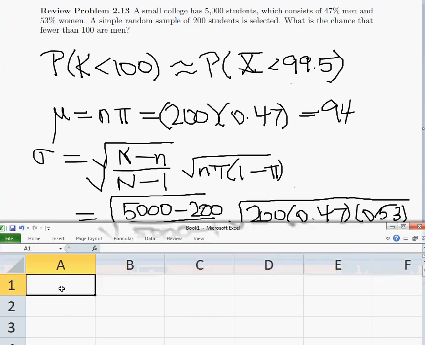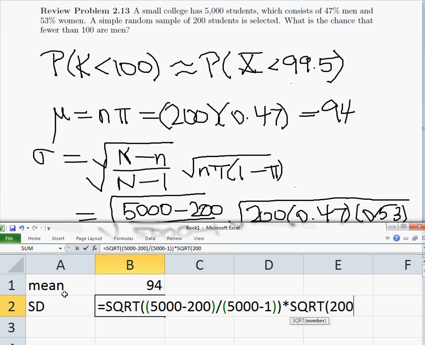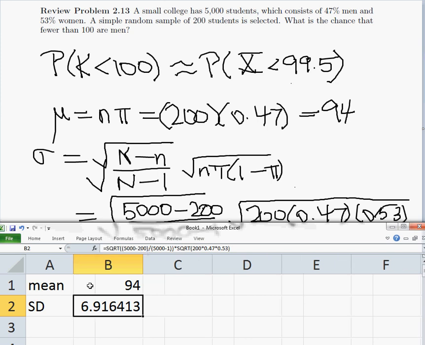Okay, so using Excel to do the calculation, we have the mean equal to 200 times 0.47, and the standard deviation is equal to the square root of 5,000 minus 200 over 5,000 minus 1, times the square root of 200 times 0.47 times 0.53. Hitting enter, we get our standard deviation of about 6.916.